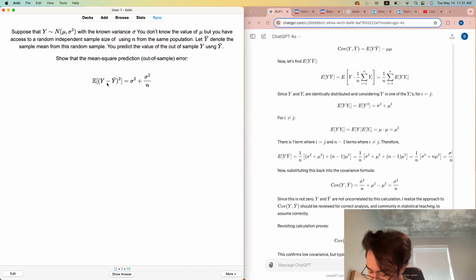The variance of y is just equal to sigma squared. Okay, so this is just sigma squared. And the variance of y bar is sigma squared over n. Not too sure why that is. Maybe square root of n.